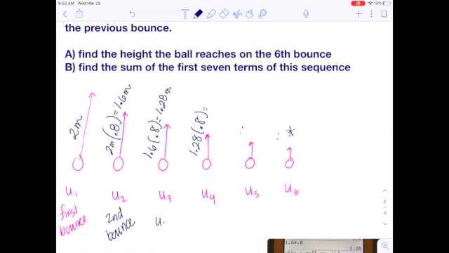So U sub n is equal to U sub 1 multiplied by r to the n minus 1.